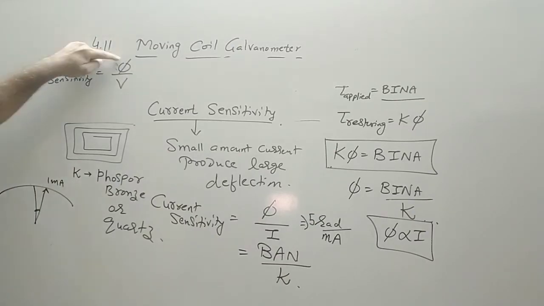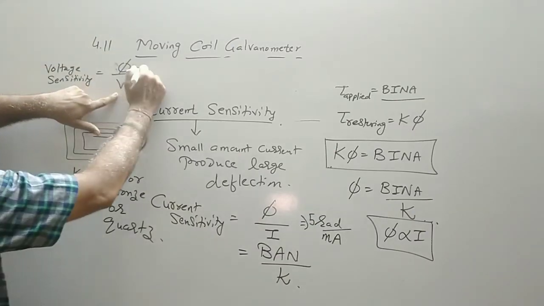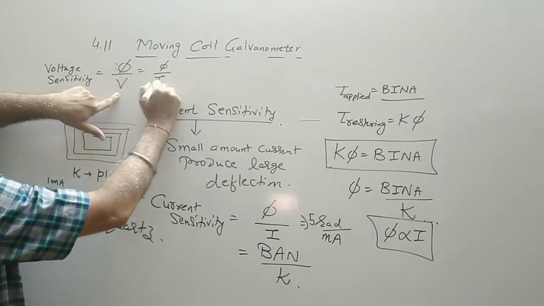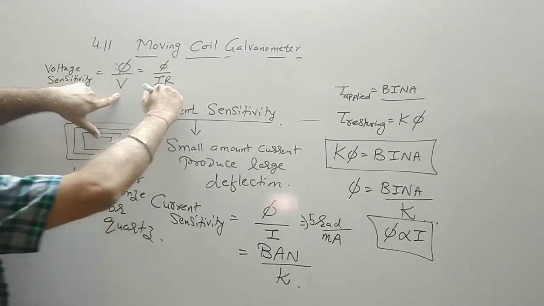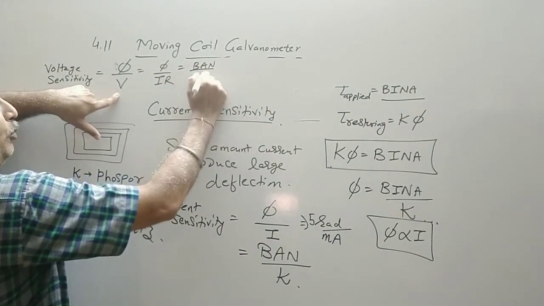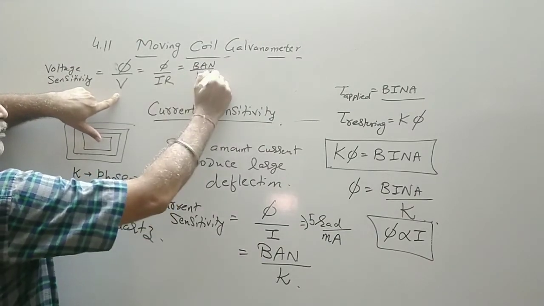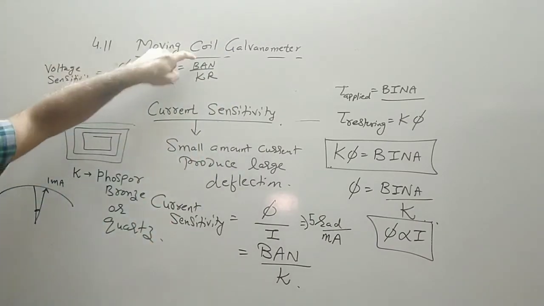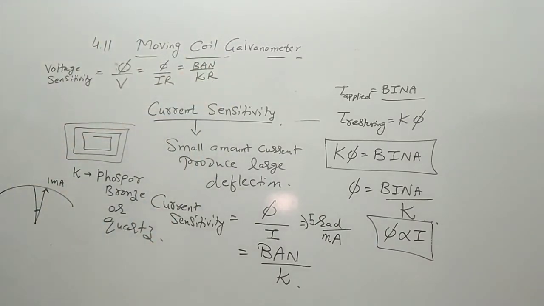Now voltage sensitivity is phi upon V. This can be written as phi upon IR, that is Ohm's law, V is equal to IR. So here this becomes BAN upon K, that is phi upon I, multiplied by 1 upon R. So voltage sensitivity is equal to BAN upon KR.